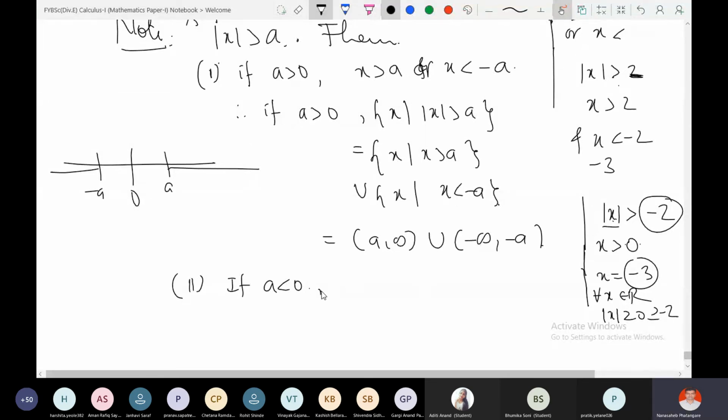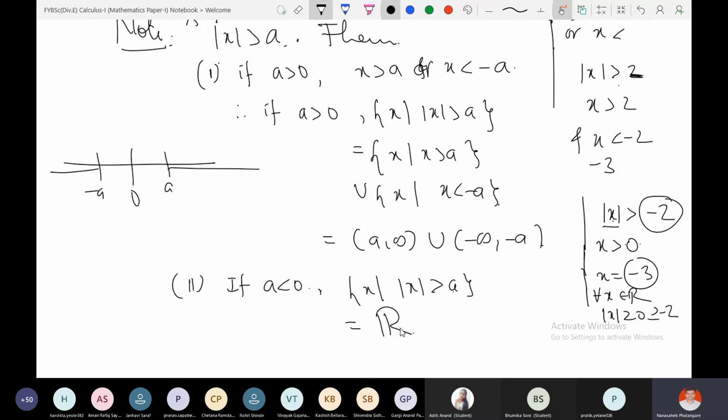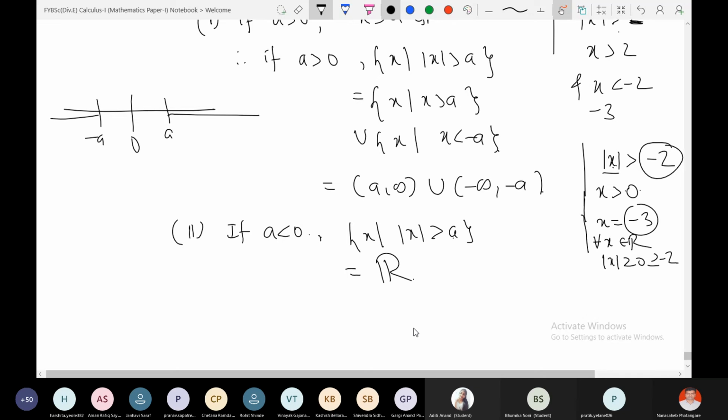If a is negative and the set is x such that absolute value of x is greater than a, then this set is the whole set of real numbers. You take any real number, whatever you want, and take its absolute value. It is greater than -2 because absolute value itself is a non-negative quantity.